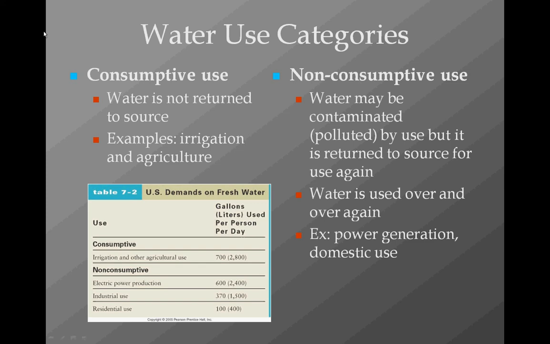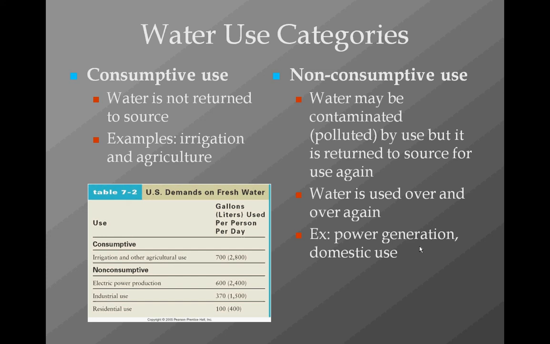That's a consumptive use. A non-consumptive use is one in which the water is returned to its source, where it can be used over and over again. A good example of that is power generation, or even domestic use, that is household use. In, for instance, a power plant, water might be taken from a river or a lake, used for cooling in the power plant, and then that water is returned to that water body.